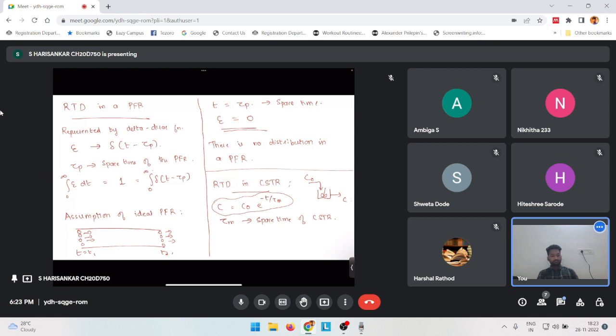Okay. Now using this, we can find your RTD as E equal to 1 by tau m e raised to minus T by tau m. So this will be your residence time distribution for a CSTR. Okay.